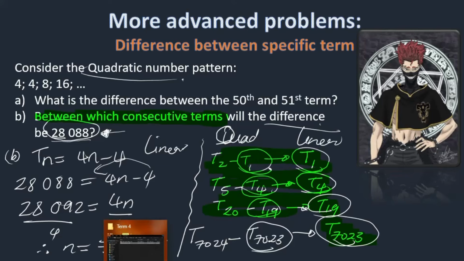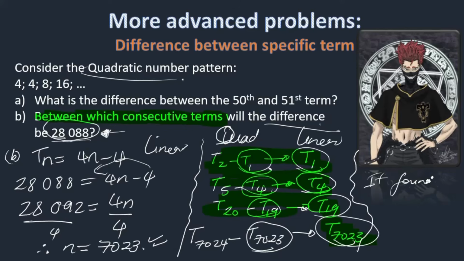That's how you answer level 4 questions in terms of sequences. So here your answer is going to be, it is found between this number and this number. Boom. How do you like that?